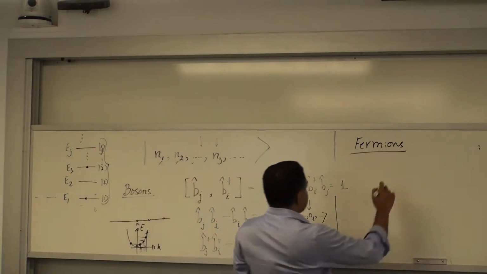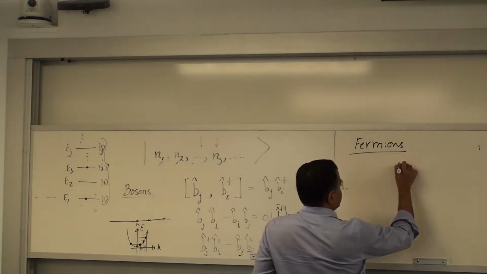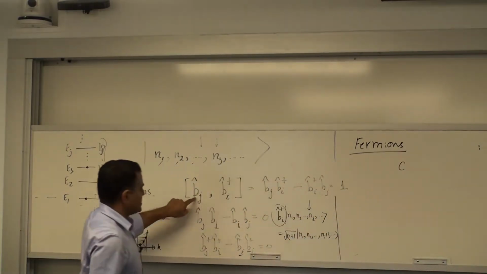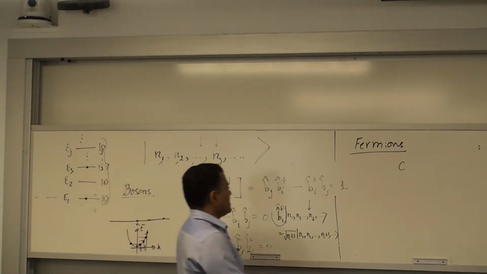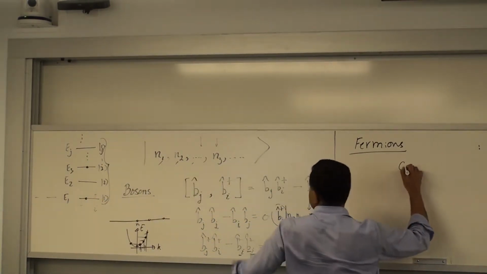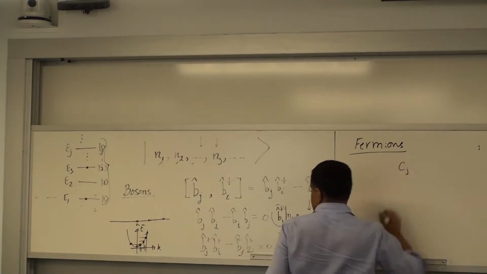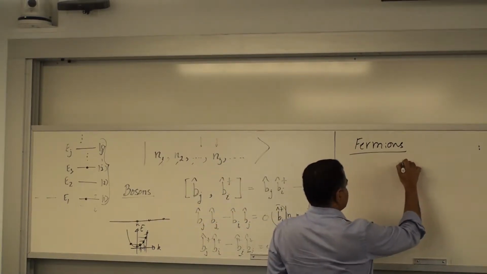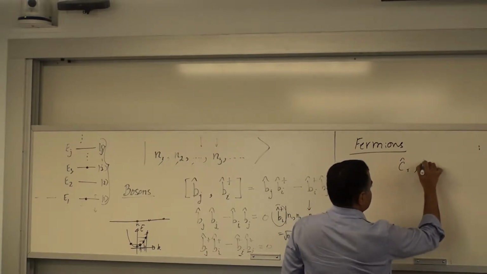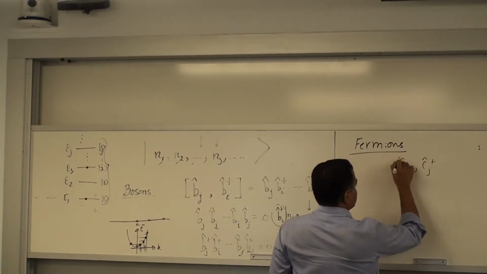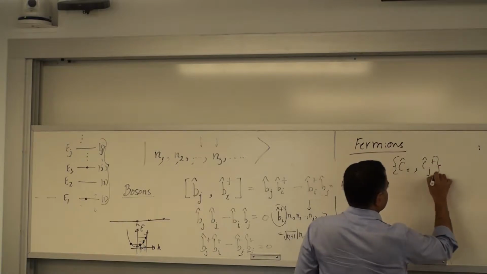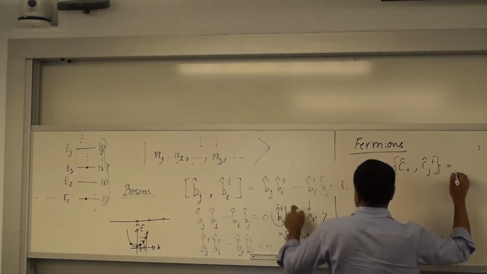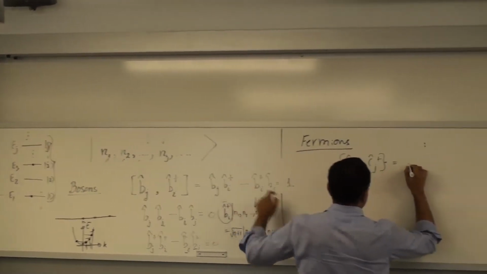For fermions, we said we are going to use these two operators instead of B. The notation we are using is C, and again, these i's and j's are dummy indices. C_j dagger. Here we defined a curly bracket, and the curly bracket meant the anticommutator. There's a plus sign instead of a minus sign.